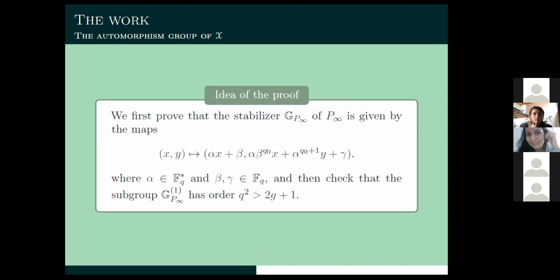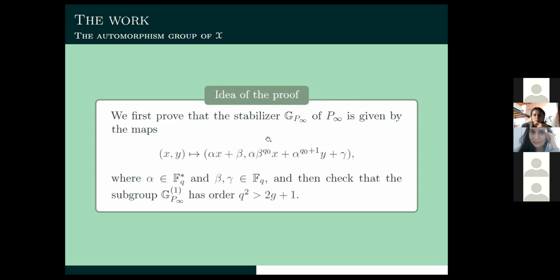The idea is not too hard to understand. First we consider the stabilizer of the point at infinity, and we prove that this stabilizer is given by these maps here.